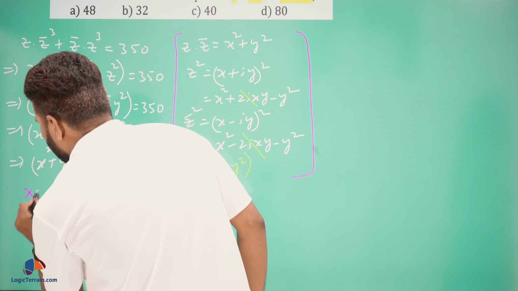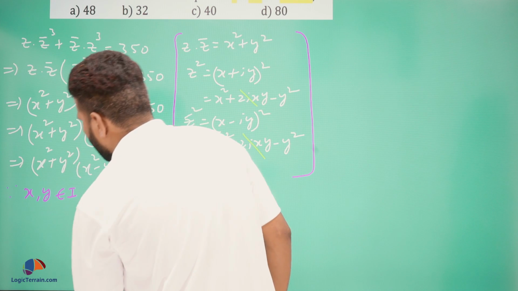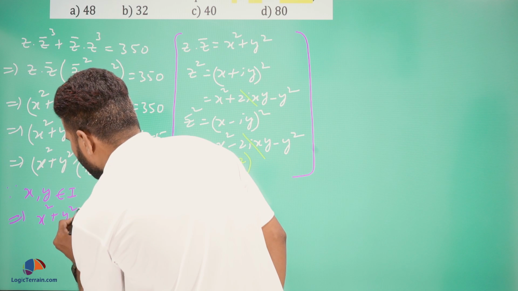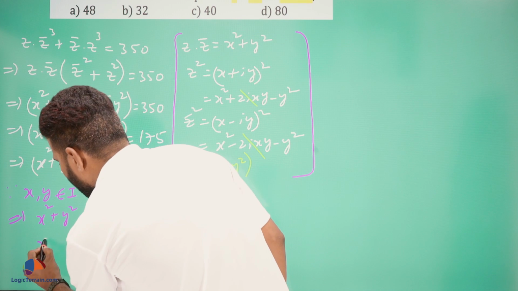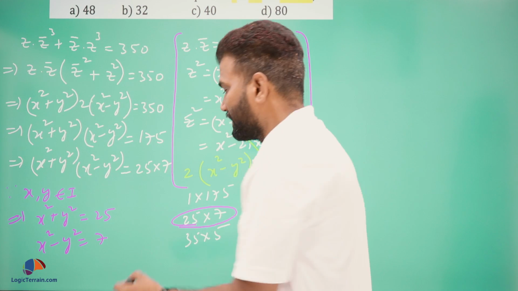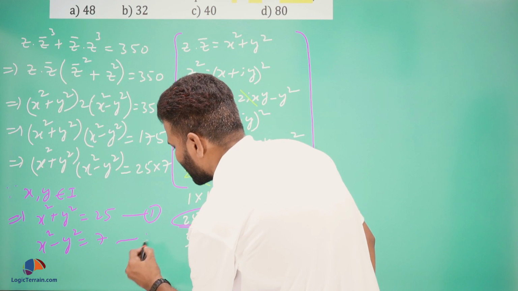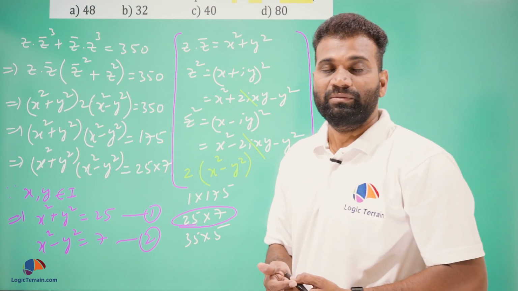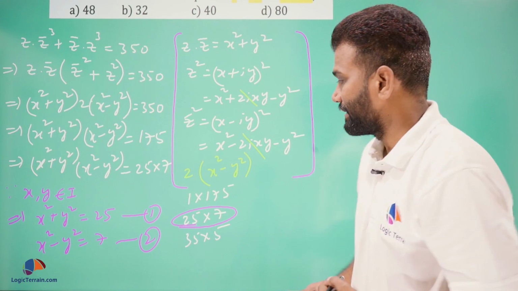Since x, y belong to integers, x square plus y square equals 25 and x square minus y square equals 7. Let us take this as equation number 1 and this as equation number 2.